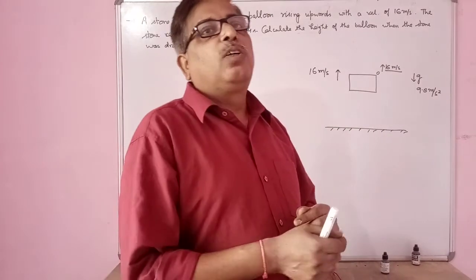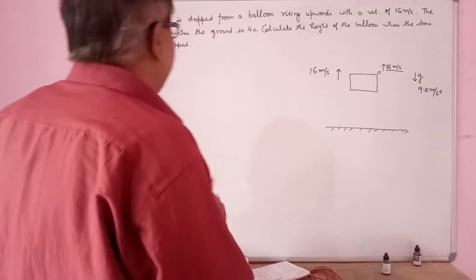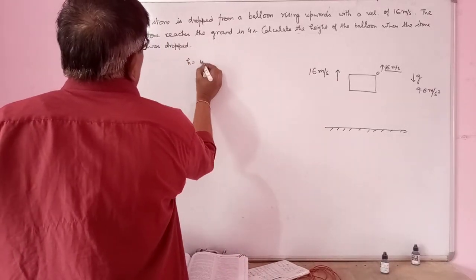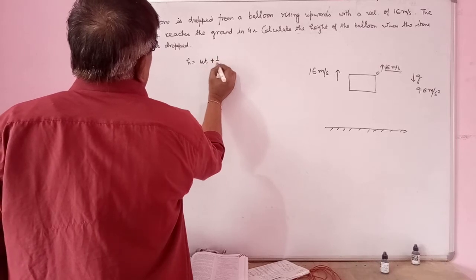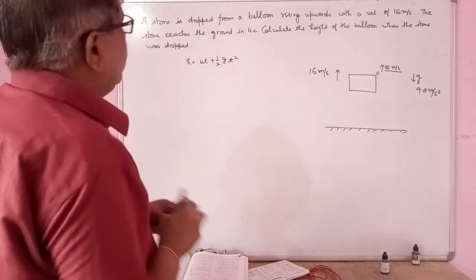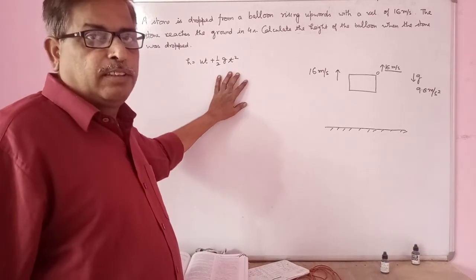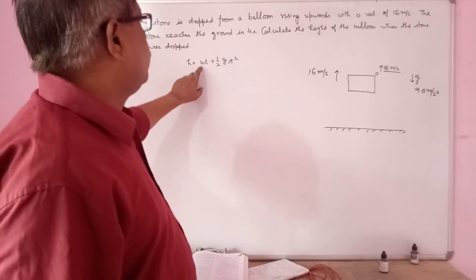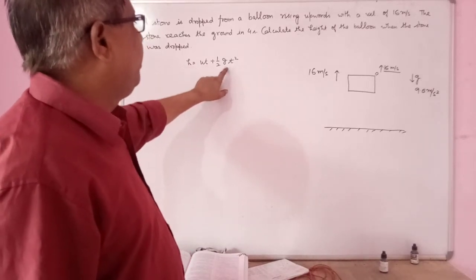To find out height, we use the second equation of motion, that is h equal to ut plus half gt square. Now in this equation there are 4 parameters: h, u, t and g.